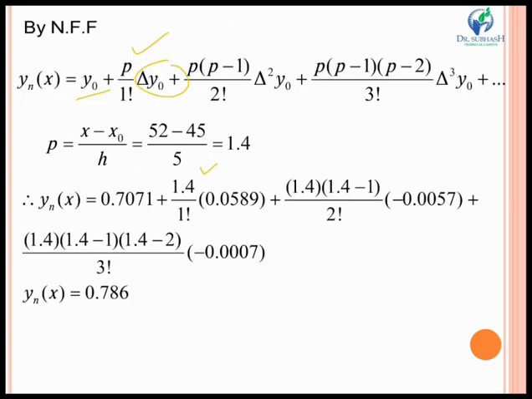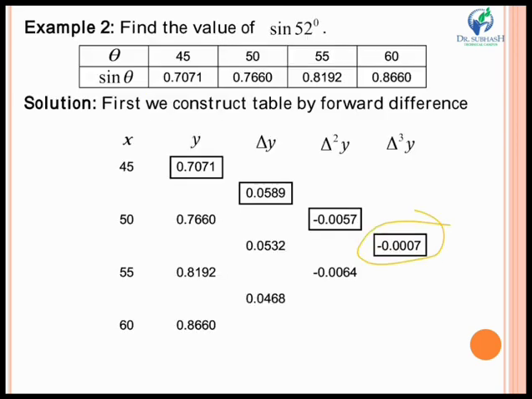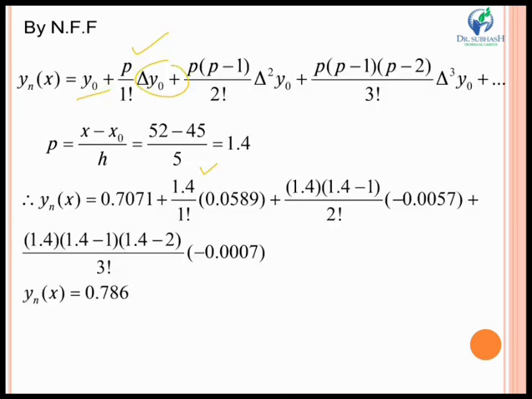So you can see we have taken all the first values from the table, right? 0.0589, 0.0057 and minus 0.0007. On calculating this, you get the value of y at x as 0.786.